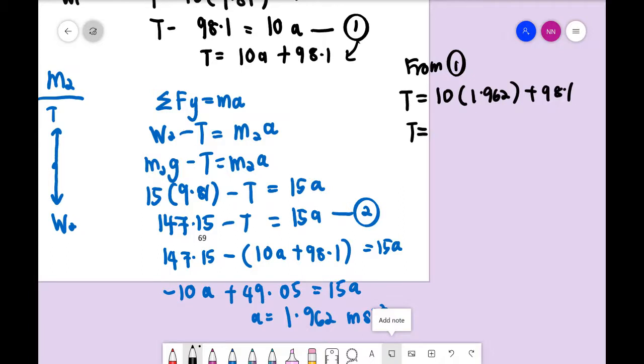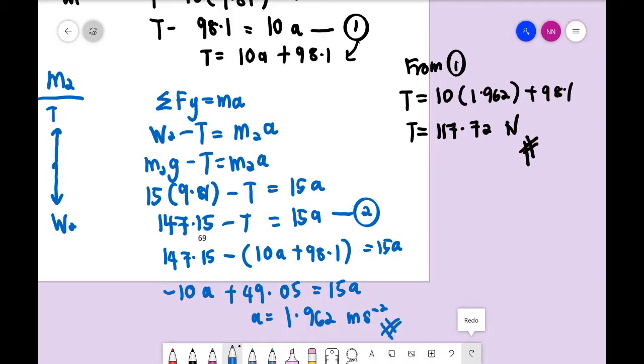So T equals 117.72 Newton. So we already calculated the tension and the acceleration of the two objects.